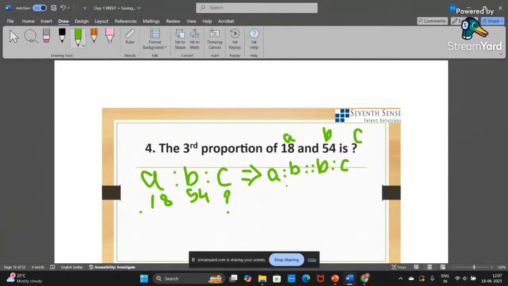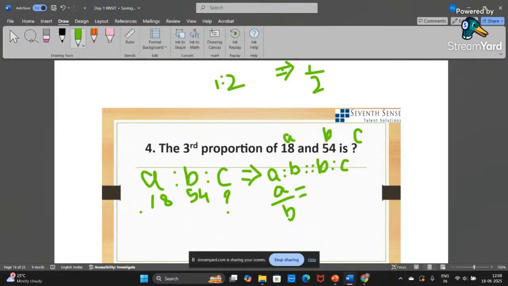Actually, in the previous sum, 1 is to 2, you have written as, how did you write? 1 by 2, right? You wrote 1 is to 2 as 1 by 2. Same way, A is to B should be written as A by B. And this is proportion, that means equate.